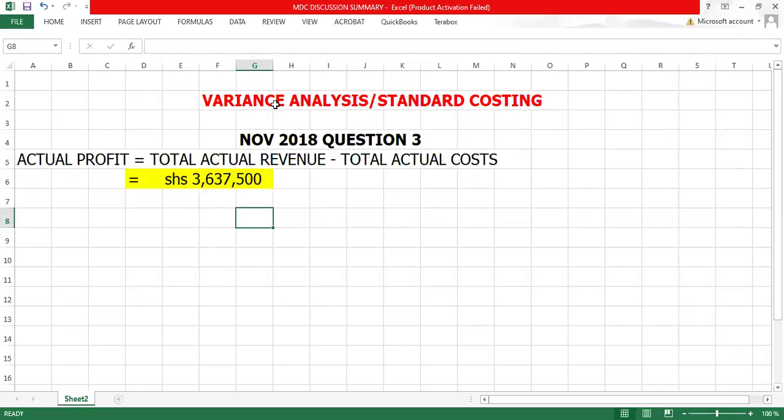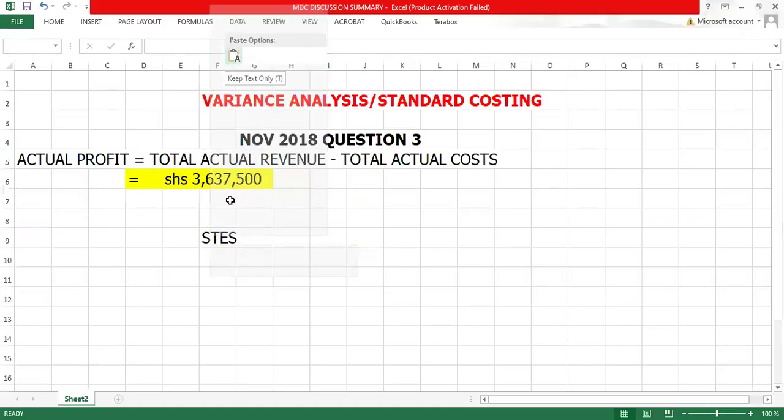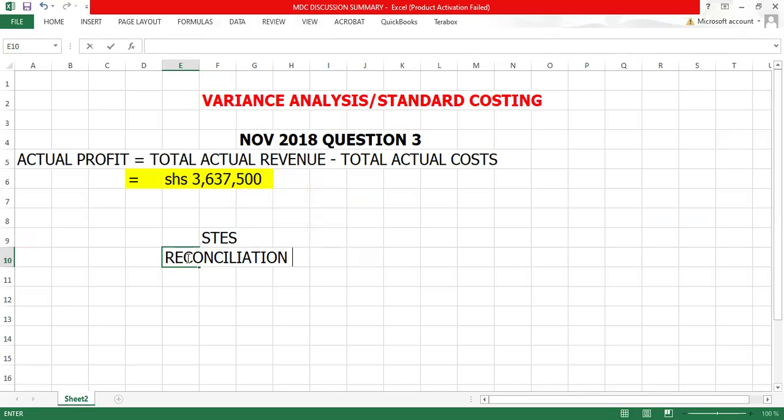3,637.5. What is the company's name? This is the company's name. So since this is the company's name, we are going to say STS reconciliation statement.